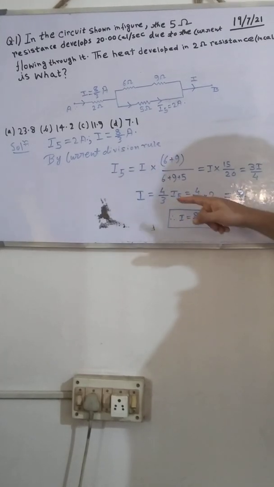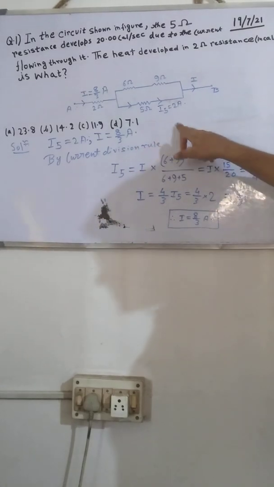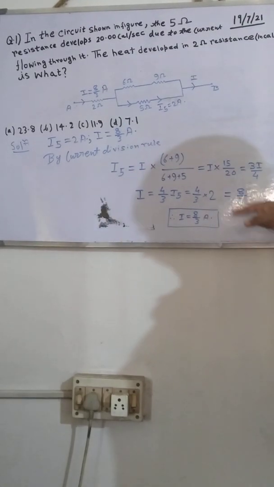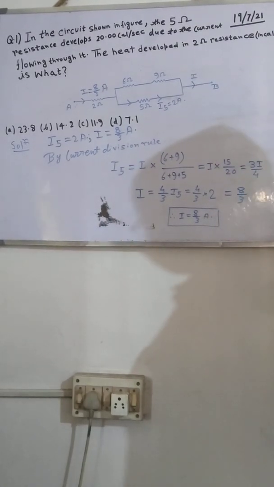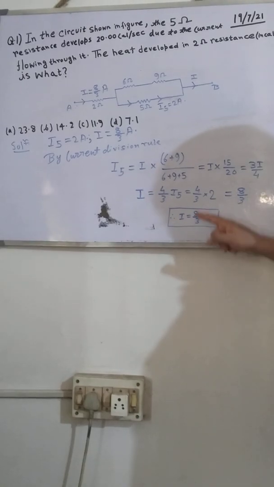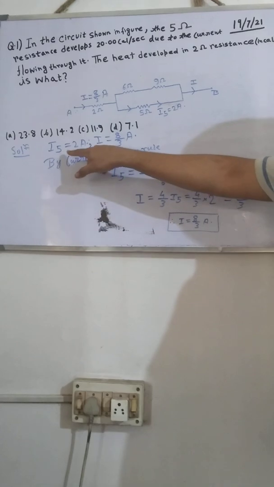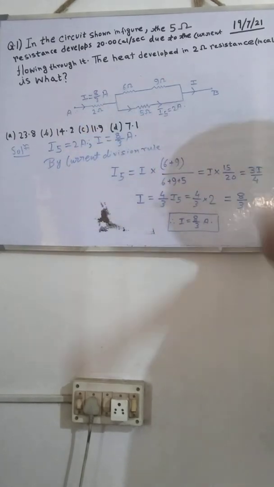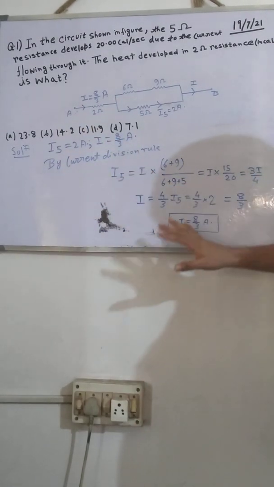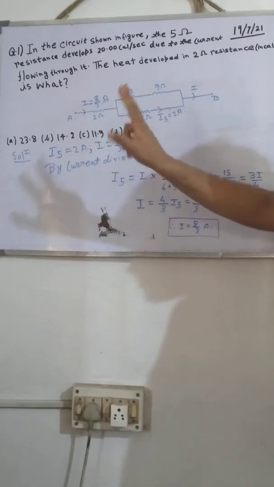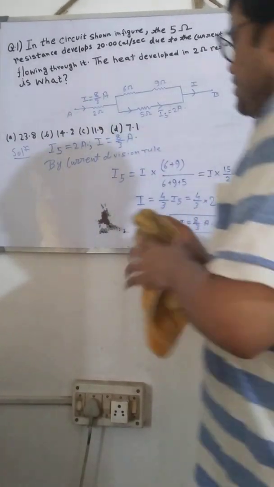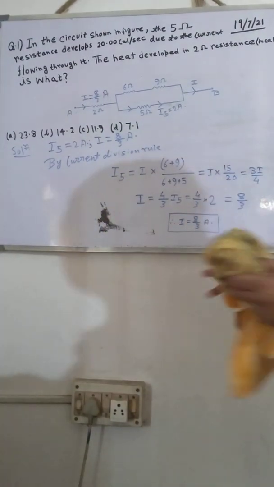This I5 is 2 ampere that we have evaluated already, so I is around 8 by 3 ampere. Previously we have calculated that I5 is equals to 2 ampere. So these are the two currents that we have evaluated.